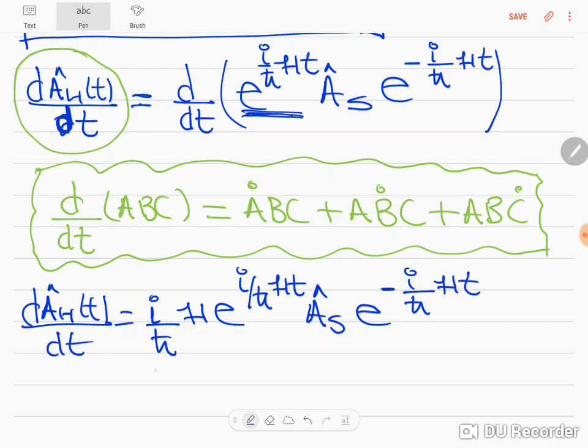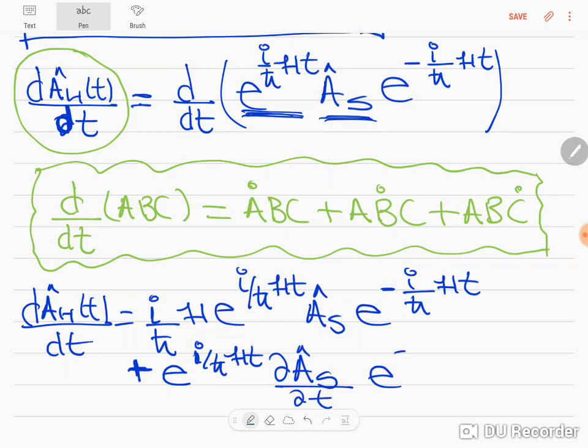Now plus, we take the derivative of the second one. So again we write e to the i over h bar Ht, partial derivative of operator A in the Schrödinger representation, times e to the minus i over h bar Ht.